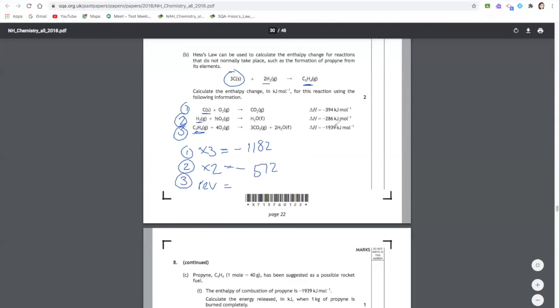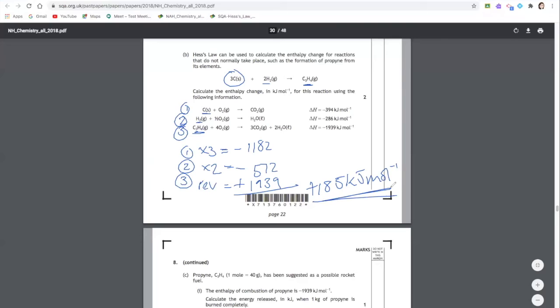And then if we reverse the last one, that just becomes plus 1989. So now all we need to do is add all those together. So minus 1182 minus 572 plus 1989 gives you plus 185 kilojoules per mole.